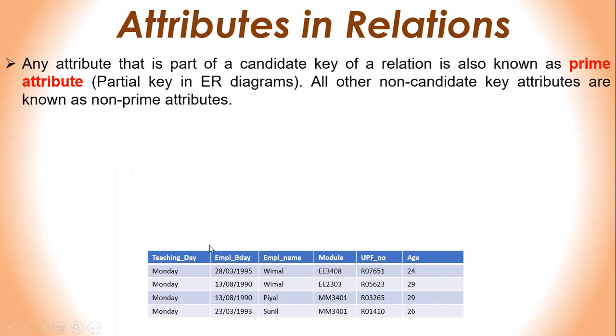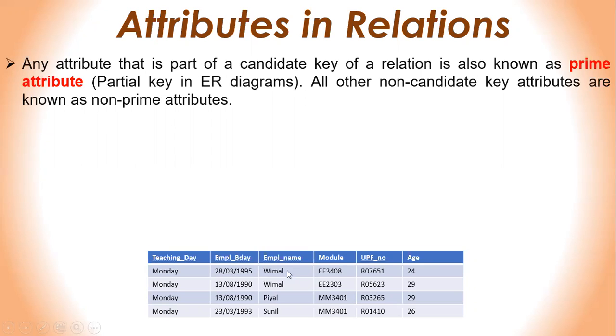It can even be called a partial key in a relational model also, but the usual term for such a partial key is prime attribute. So the partial key is known as a prime attribute. That is any attribute which is part of a key attribute. What is a key attribute? A key attribute has distinct or different tuples.